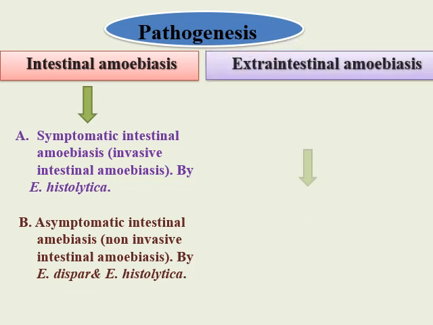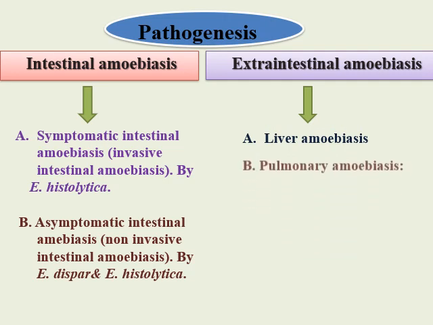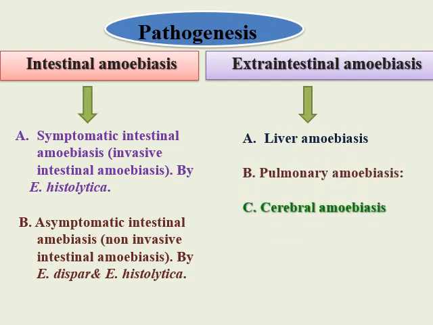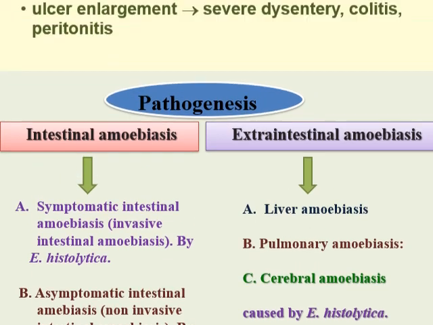Extra-intestinal amoebiasis can reach the liver and cause liver amoebiasis, reach the lung and cause pulmonary amoebiasis, and reach the brain and cause cerebral amoebiasis. All these types of amoebiasis are caused by the Entamoeba histolytica species only.